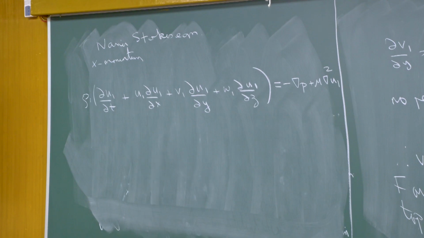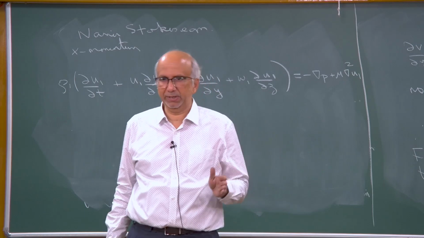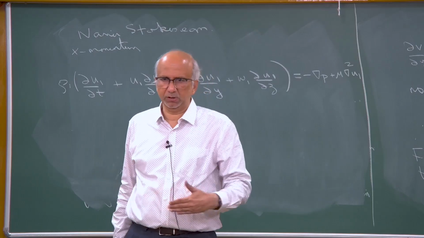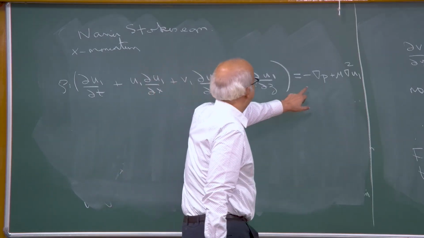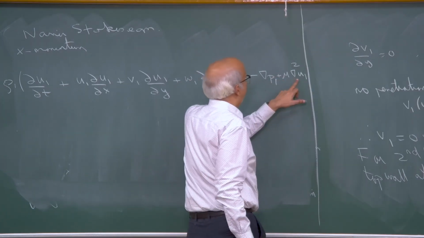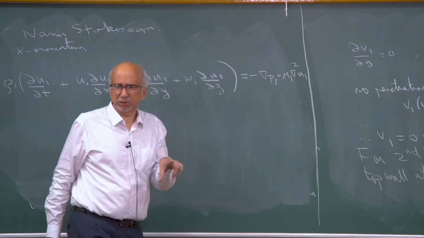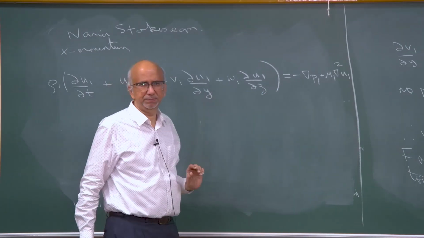So, this is the momentum balance in the x direction. X direction, remember, is the horizontal direction, so I am not even considering gravity. This is all flow in the horizontal direction, no gravity is coming into the picture. This is my pressure and I am going to put this as P1. This is mu1 because the first liquid can have a different viscosity compared to the second liquid, mu1 del squared u1.